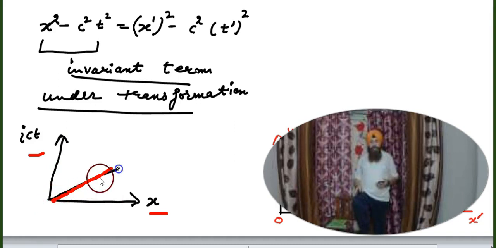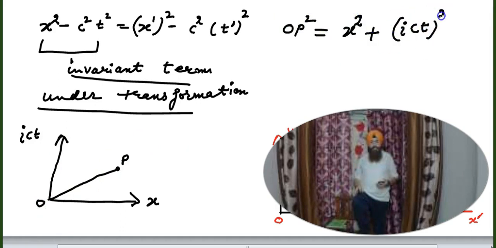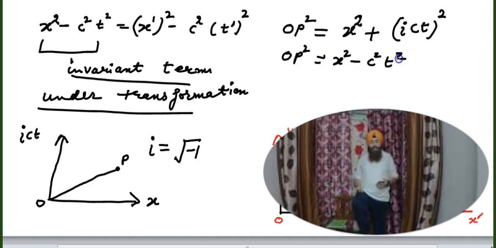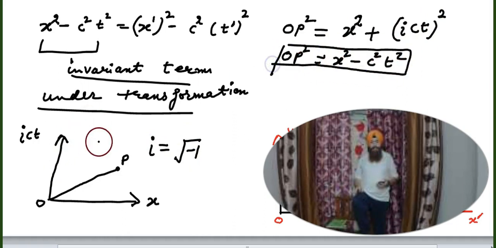The magnitude of this distance is the root of OP square, where OP square equals x square plus iota ct whole square. Iota square is equal to -1, so OP square becomes x square minus c square t square.